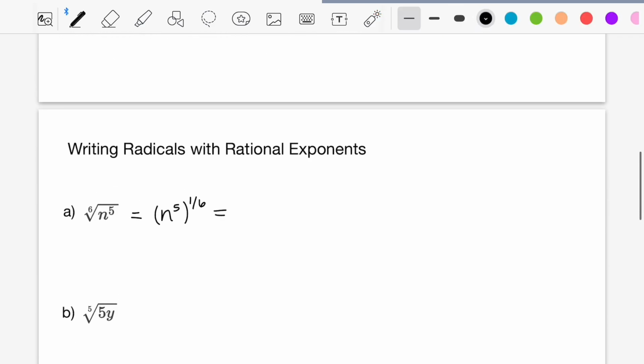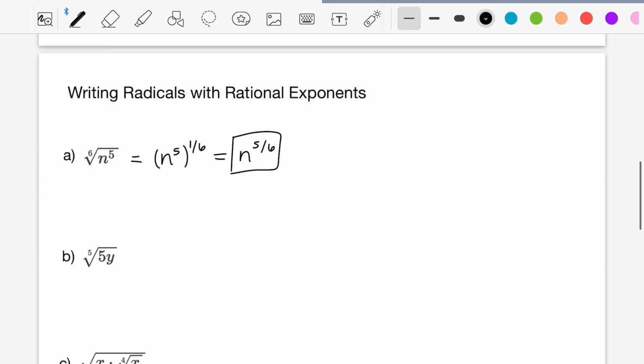Then we know that we're going to multiply these exponents, so we'll get n to the 5 over 6 power. Similarly for this one, we'll rewrite this as 5y to the 1 over 5. And there's nothing further we can do with this one, so that'll be our final answer.